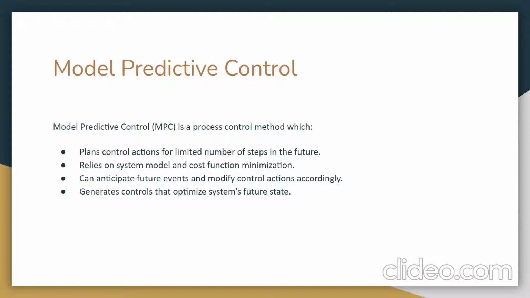As it plans for the future, it can anticipate future events and modify its control actions accordingly. Moreover, it generates controls that optimize the system's future state. So each step is optimal in optimizing the state in the long run, not just the immediate outcome.